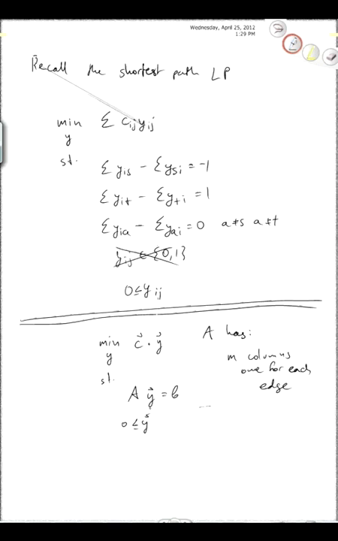Because I have one y for each edge, and I have to multiply y times A. And it has n rows, one for each node, because there's one of these constraints for each node. For each node, the right-hand side is either -1, 1, or 0. Let's take a look at a particular graph and see what this A matrix might look like.